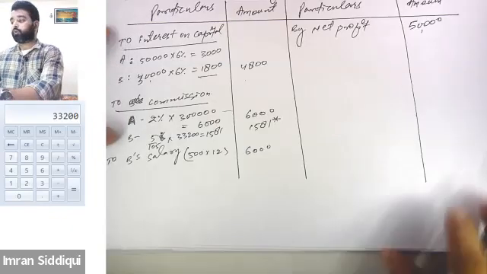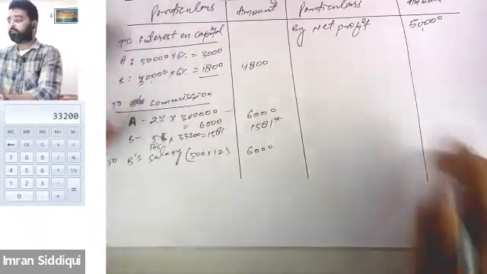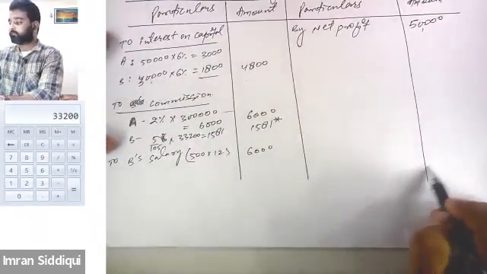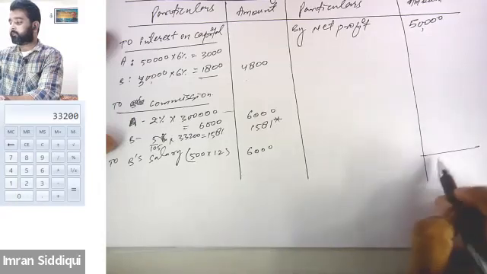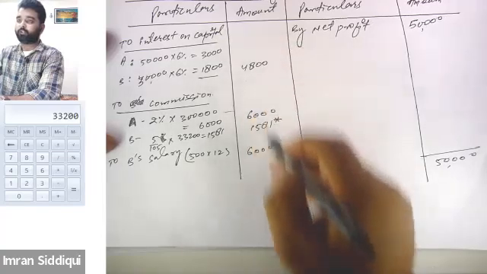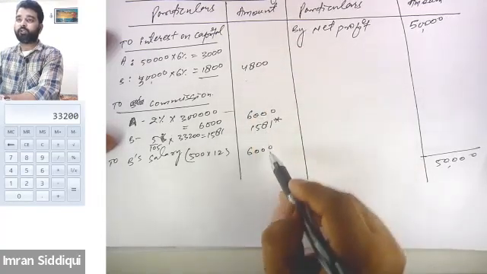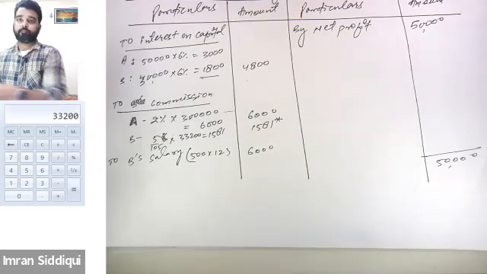Now, all we need to do is just find out the divisible profit. So first of all, we will total the credit side. Sum total of the credit side is 50,000, right? And out of this 50,000, we will start subtracting all these values: 4,800, 6,000, 1,581, and 6,000. So let me show you.